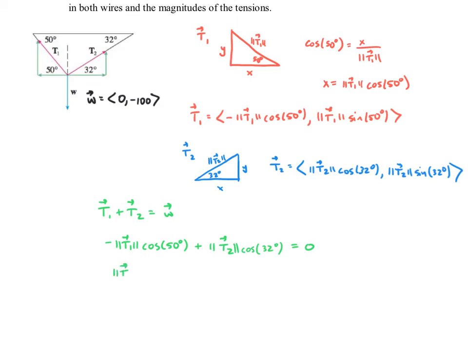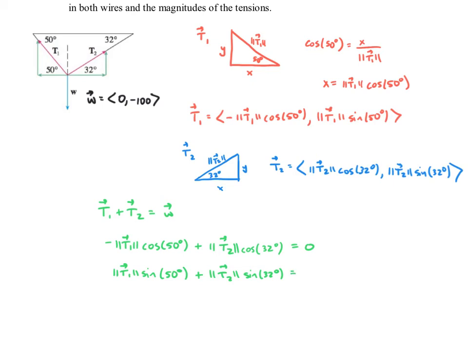So the second component of T1 plus the second component of T2 must equal 100.